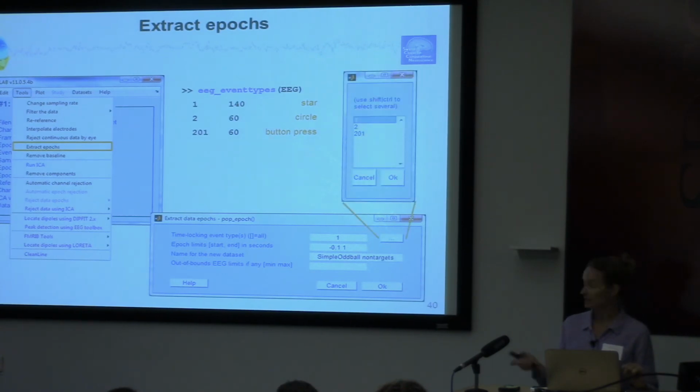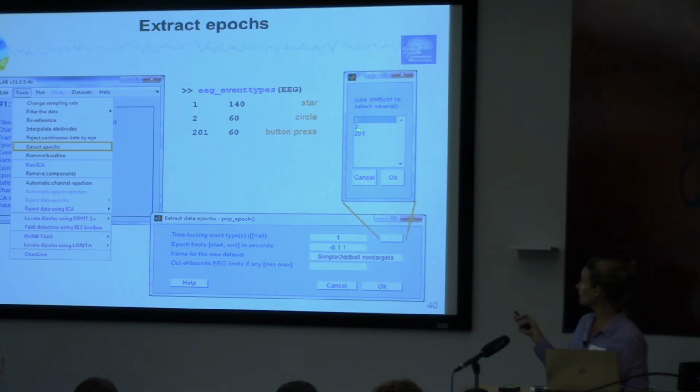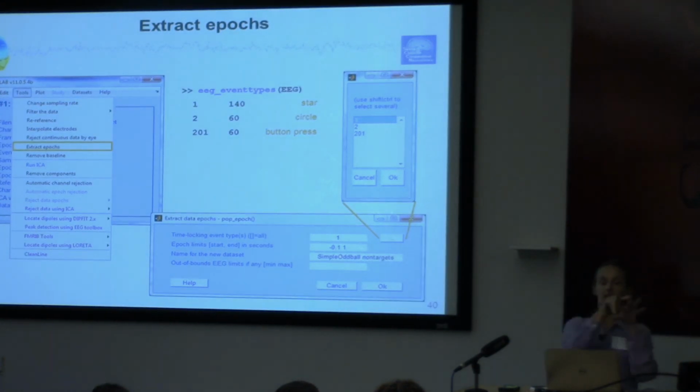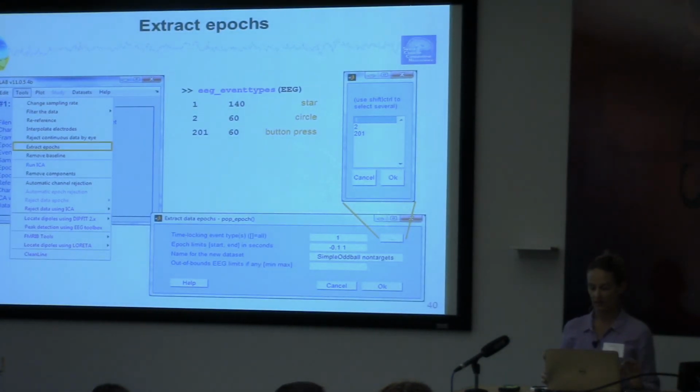So here, it's choosing event number 1, and it's listed here as well. It's going to go through and find all the event 1s, pull those out, and stack them all together as epochs.